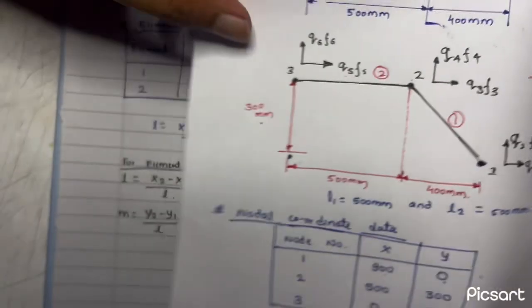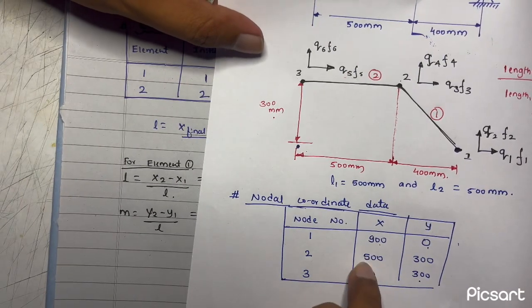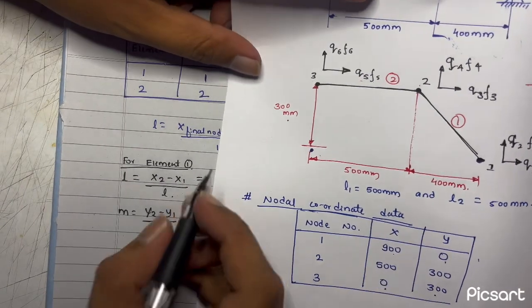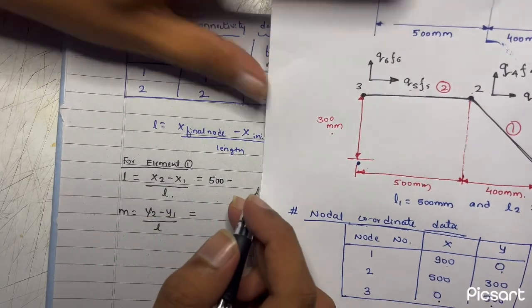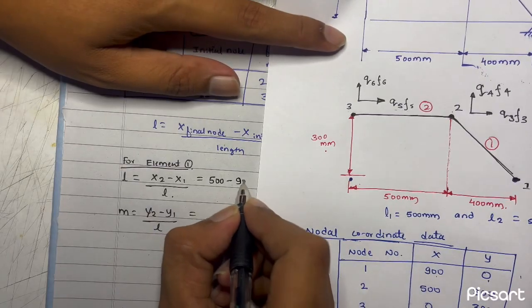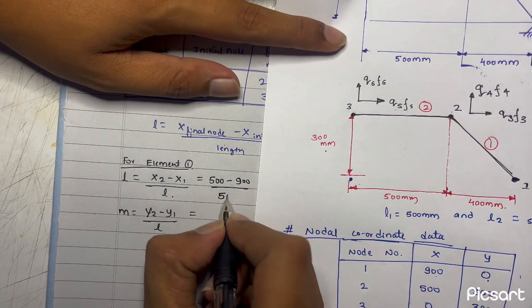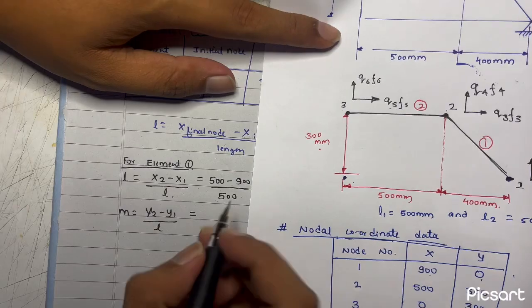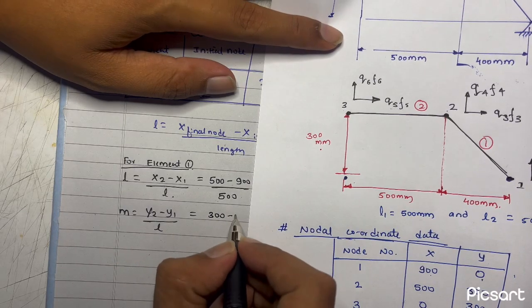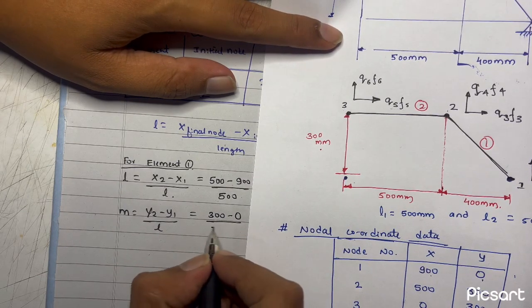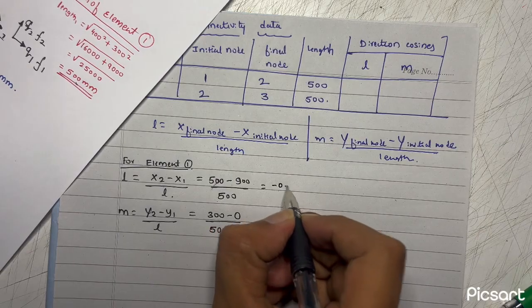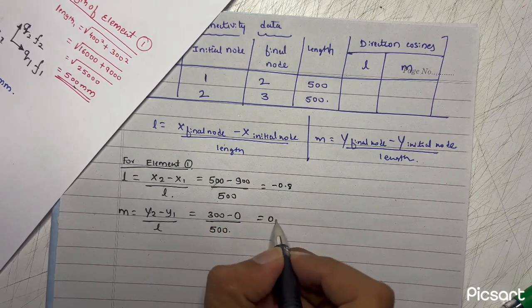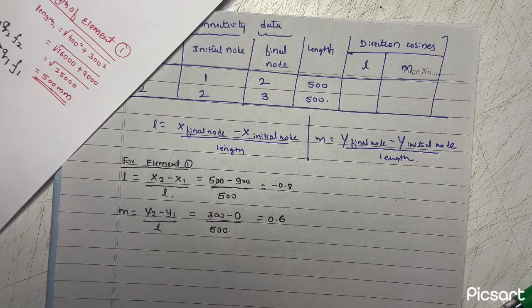See here, for the second node, the distance is 500 minus 900, divided by length 500. Similarly, y2 is 300 minus 0, divided by length 500. After solving this, we'll get minus 0.8, and here we'll get plus 0.6.